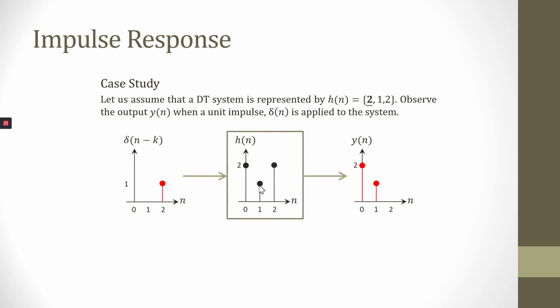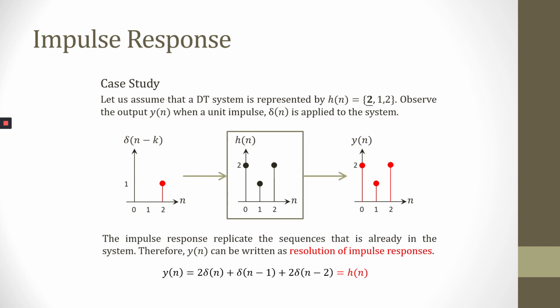And the next one, if n equal to 2, the output yn after multiplying the unit impulse with hn becomes this one.